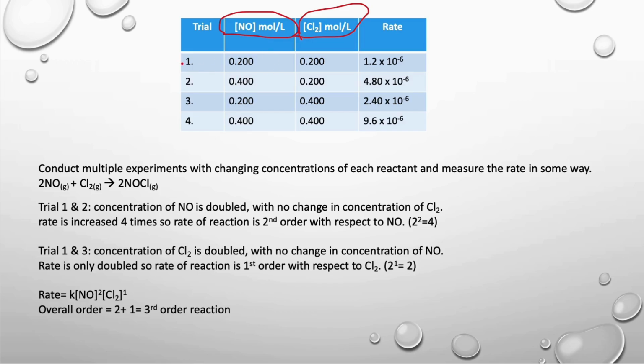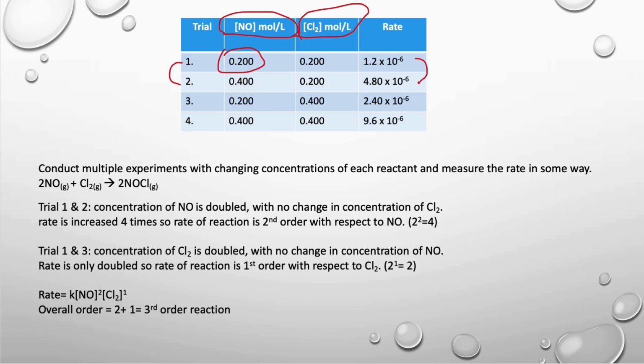So in trial 1 and trial 2, I noticed that I did double up the concentration for NO, but the Cl2, the chlorine, is constant. When I doubled the concentration of NO, the rate at which I was producing NaCl has not just doubled, but quadrupled.